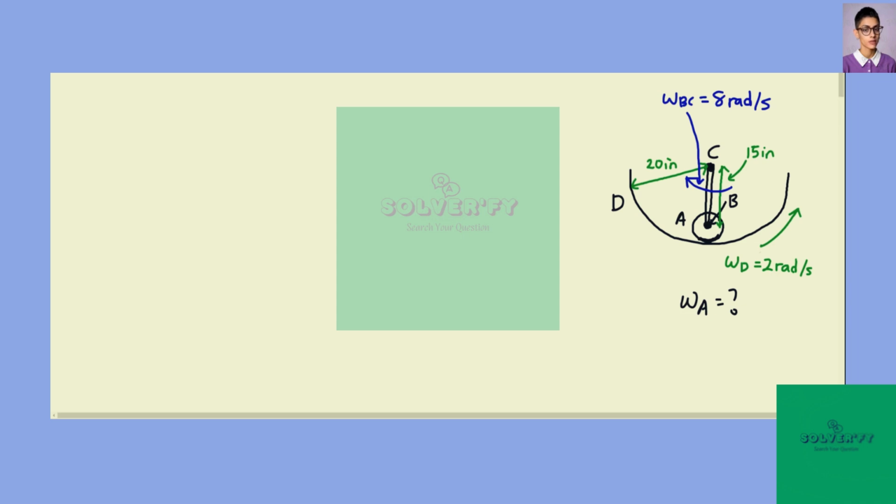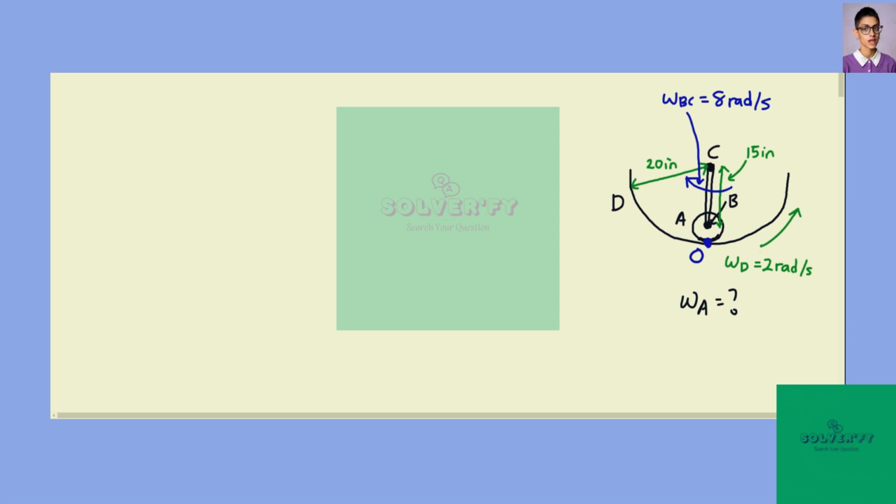Okay, so one thing we need to recognize is that, this point, I'm going to call this point O. The speed at point O for gear A and gear D must be the same, because they are meshed. Gear A is meshed to gear D, so the speed at point O must be the same.